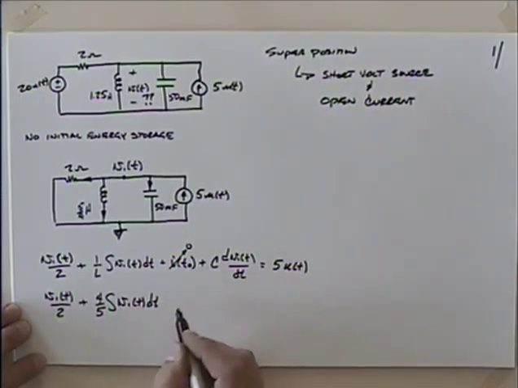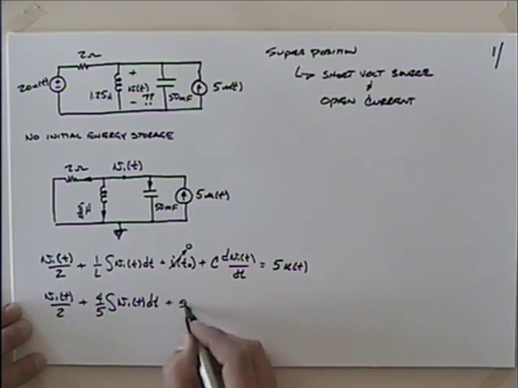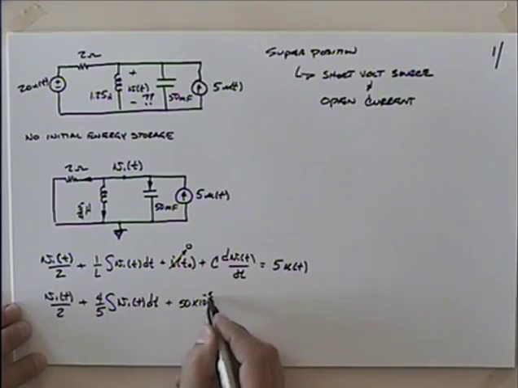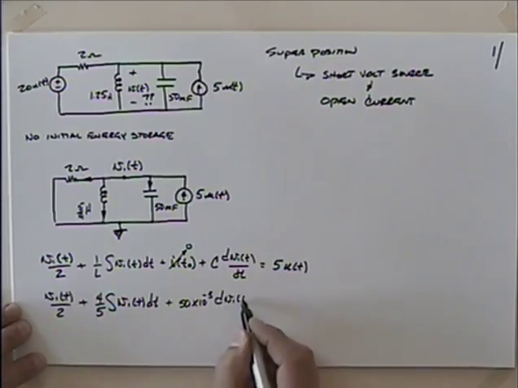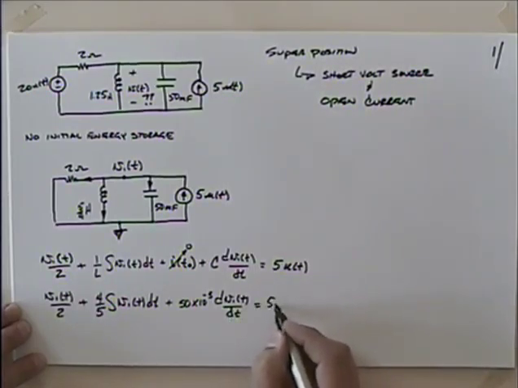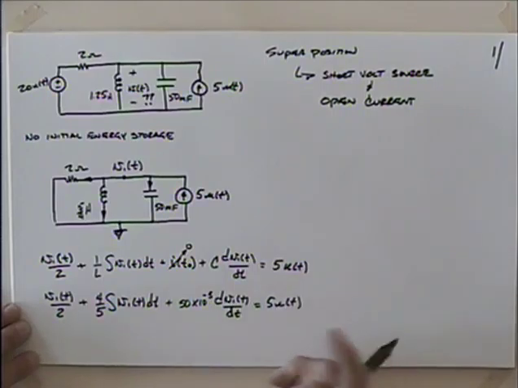This term goes away because we had no initial energy storage. And then I have 50 times 10 to the minus 3, because that's milli, not micro. A pretty good sized capacitor. dV1 of t dt is equal to 5 u of t.